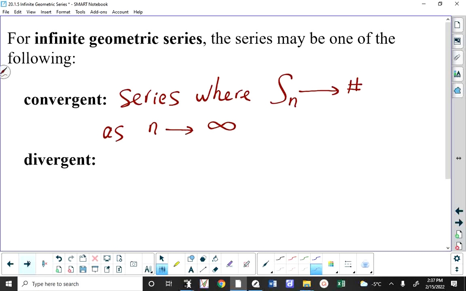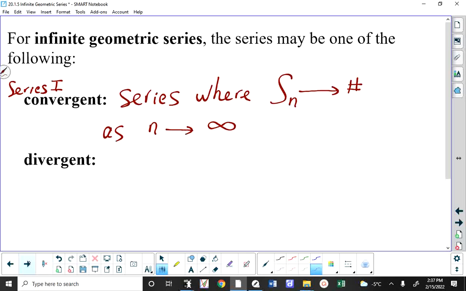Convergent is a series in which the sum approaches a number as the number of terms you add approaches infinity. So series 1 was convergent. The word converge means to come together.